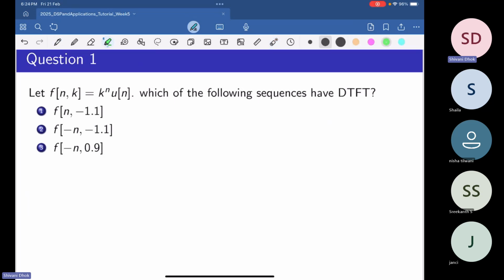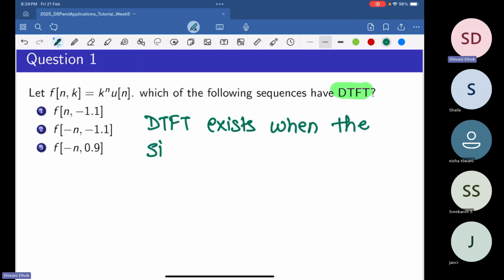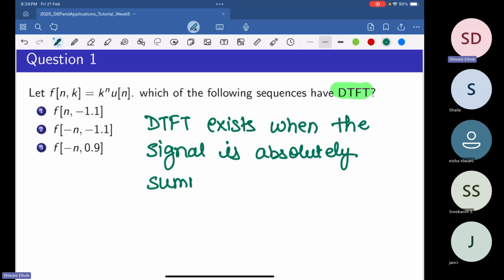So what is the condition for the existence of DTFT? The DTFT exists when the signal is absolutely summable. What does it mean?